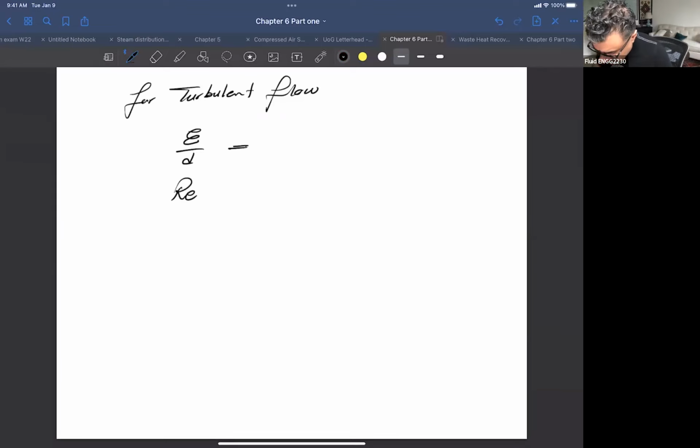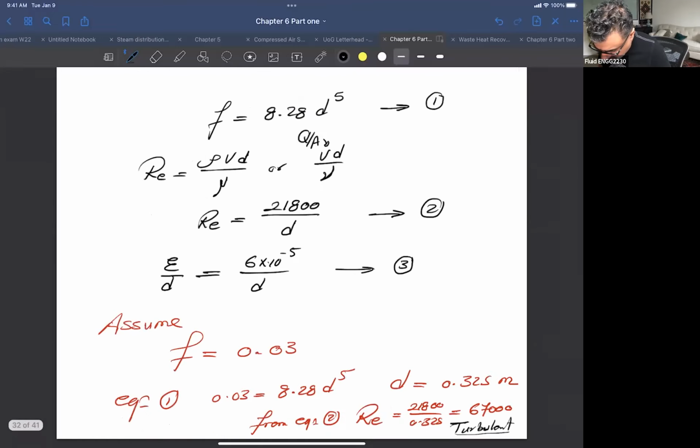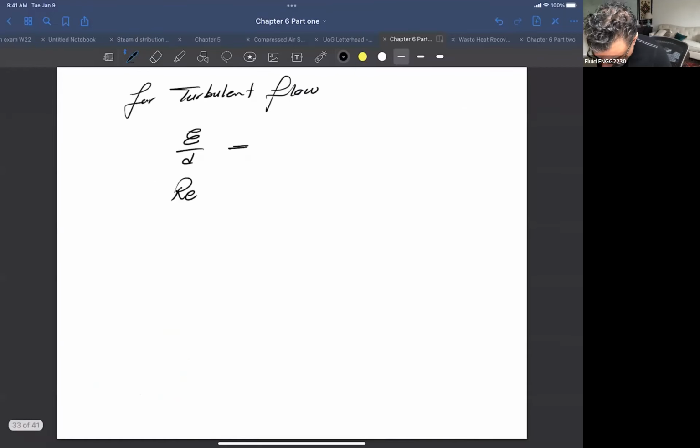Epsilon over D, from equation 3, becomes 1.85 times 10 to the minus 4, and the Reynolds number is 67,000, right?